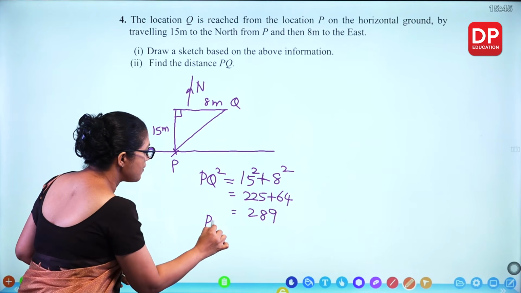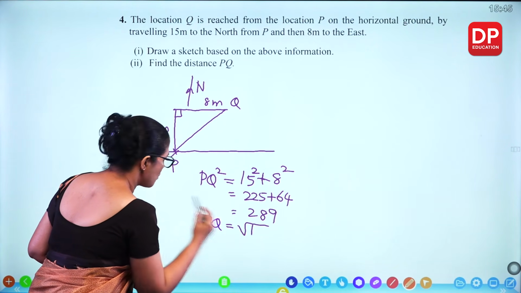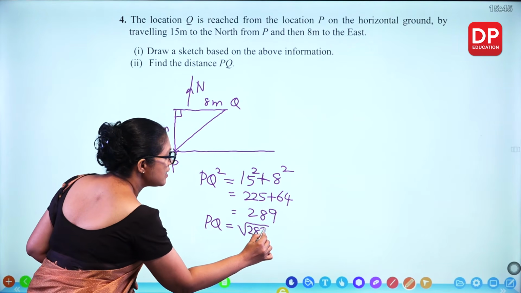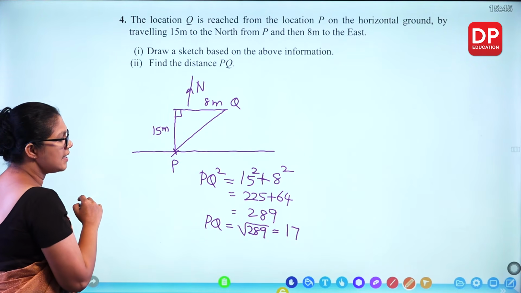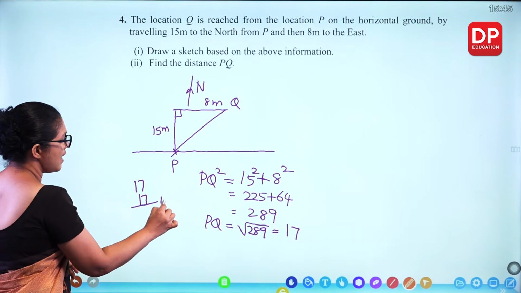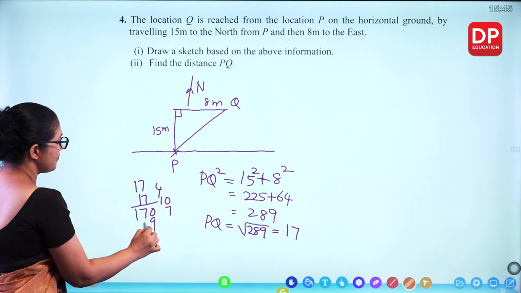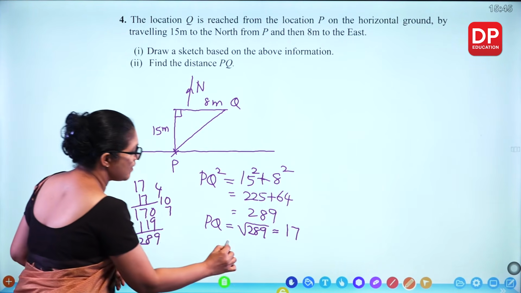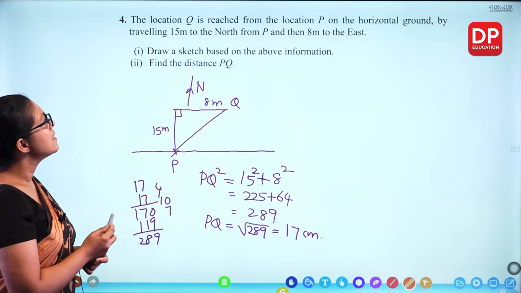Square root of 289 is, what's the value? 17. 17 times 17, you get 289. So square root of 289 is 17.